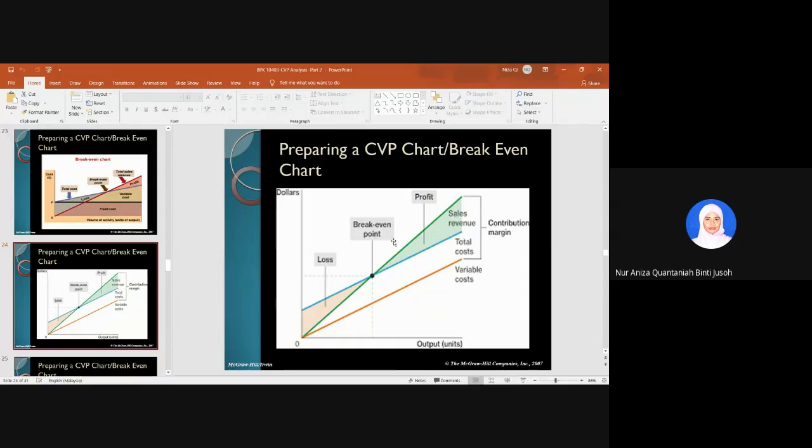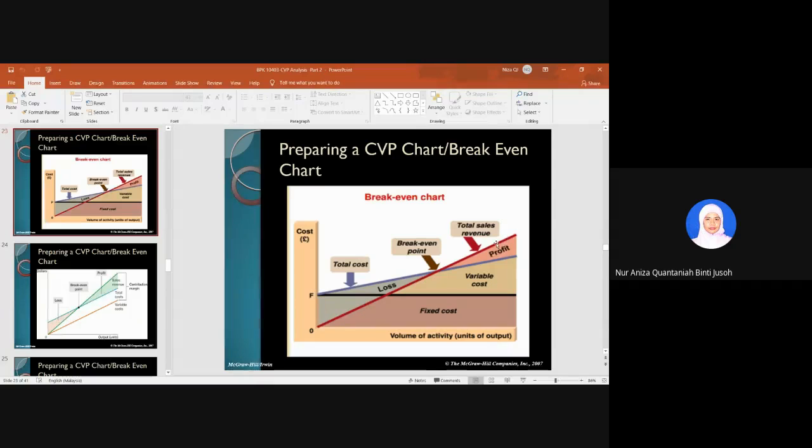The line here, what does this area represent? When you draw the CVP chart, you have to highlight what each area represents. Show the names for the lines, what the cost lines are, and color the profit area.